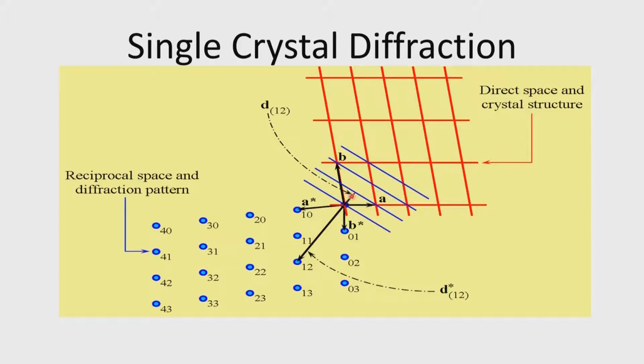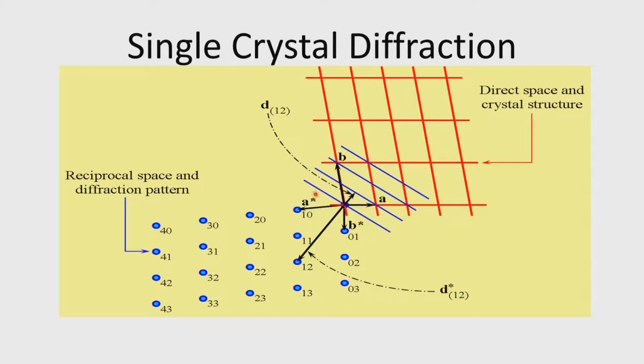Suppose this angle is exactly 90 degrees, this will also be 90 degrees. So, A star will be 1 over A, B star will be 1 over B. Here also, as far as vector directions are concerned, it will be 1 over A, 1 over B. So, this now represents the A star B star axis, and this is 1 0 in this direction and 0 1 this direction.